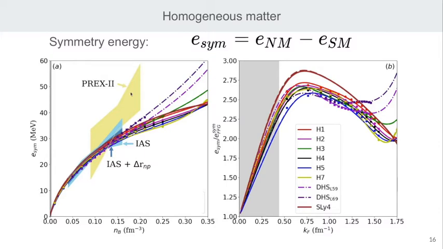While we have these new results from PREX-2 that predict higher values for the symmetry energy and also for the slope, the inclination of the symmetry energy curve, compared to what we expected before, and this shows a tension between Chiral EFT and these new PREX results.